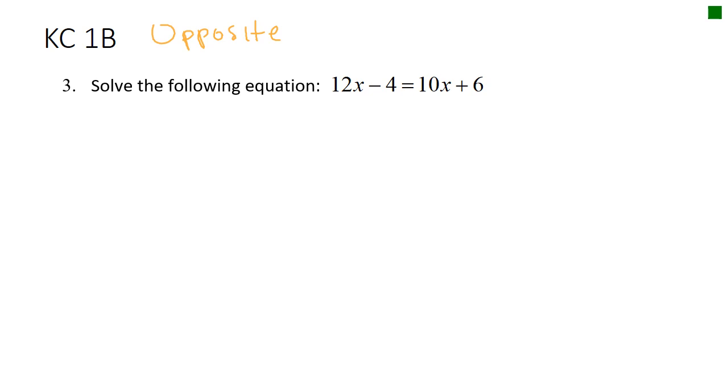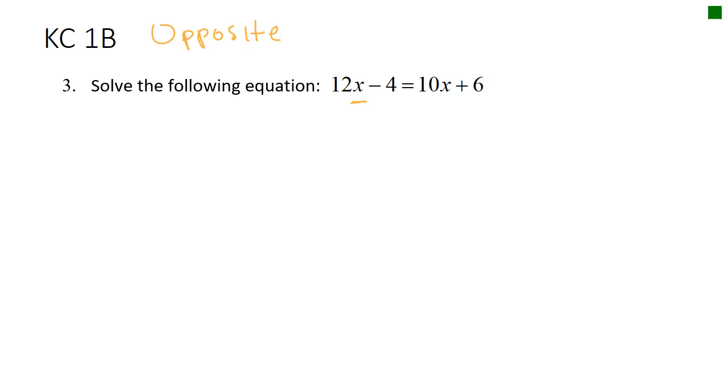So it says solve the following. That means that they want us to find X. They want a number for X. To get a number for X, you're gonna have to combine like terms.